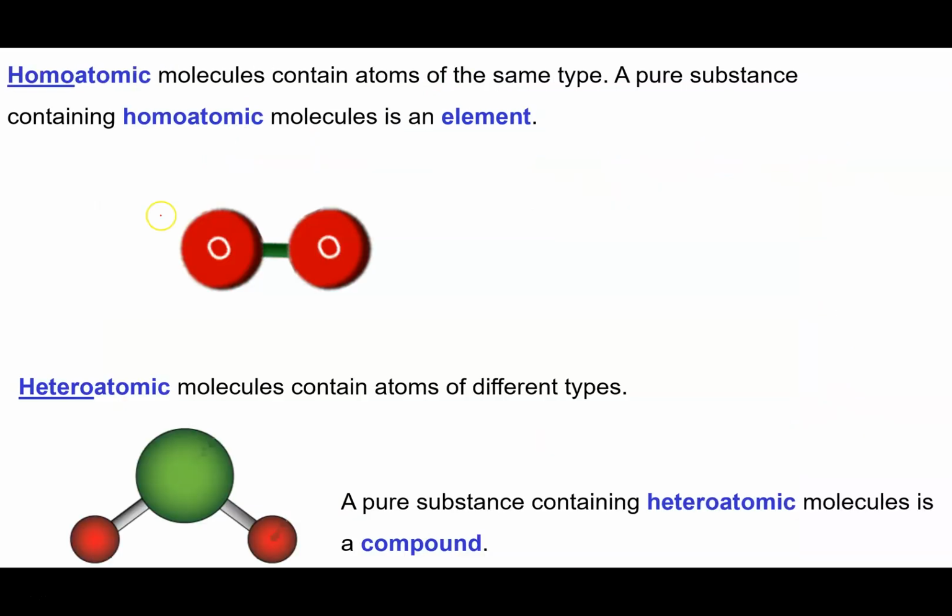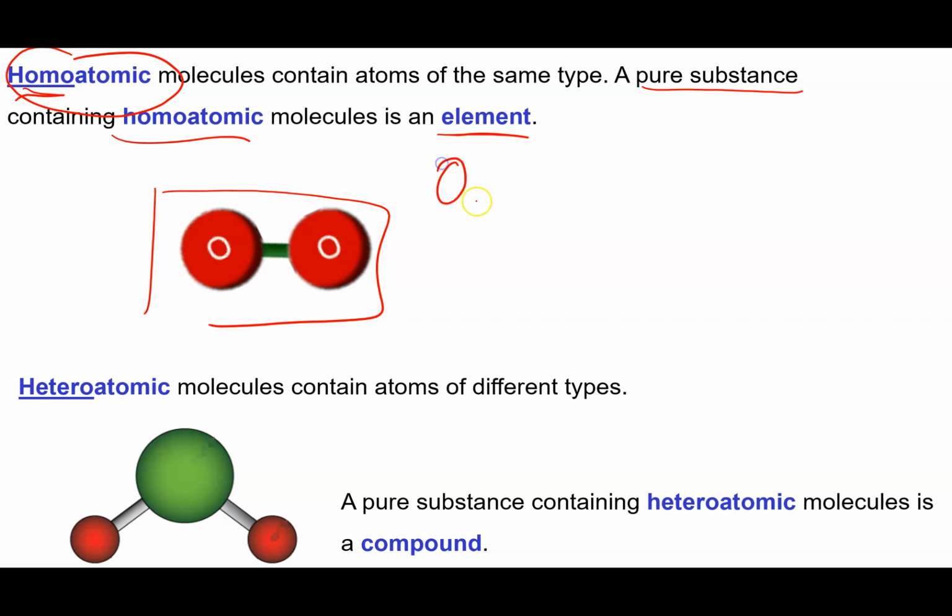Okay, so a homoatomic molecule, homo just means same, contains atoms of the same type. And any pure substance that contains homoatomic molecules also must be an element. So here is an O2 molecule. Some of these homoatomic molecules can get quite big.